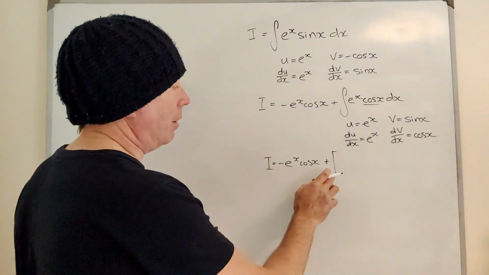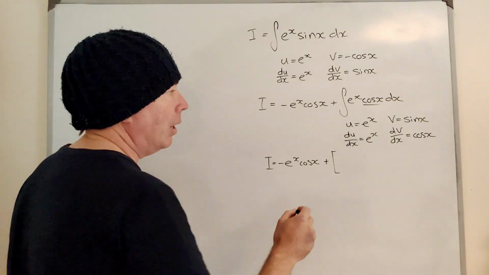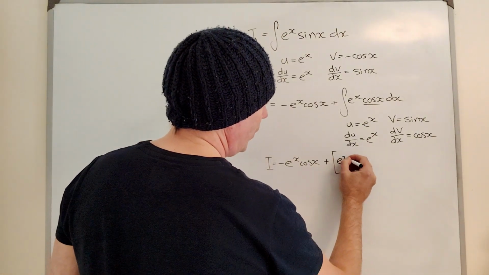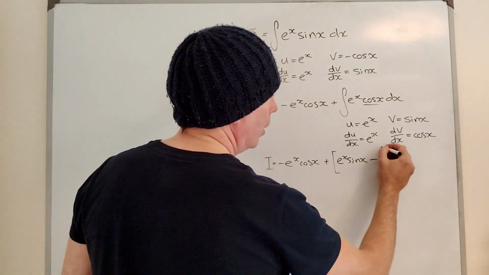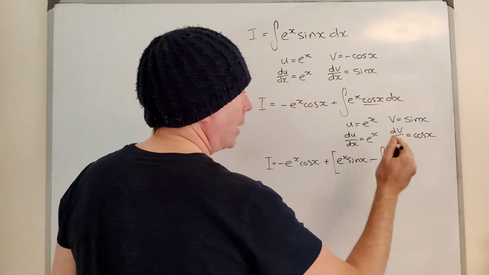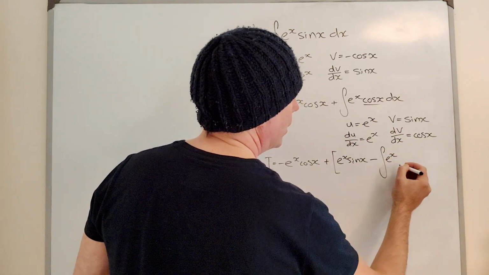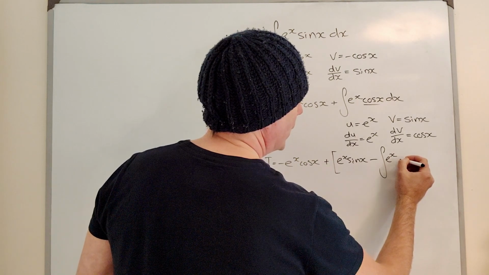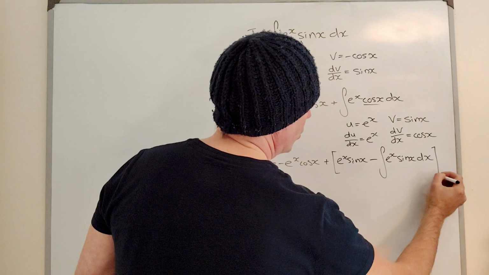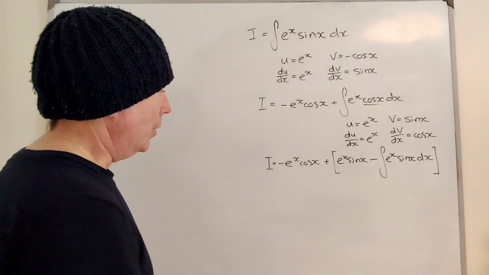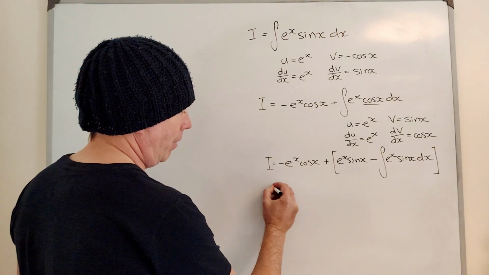It isn't, but you need to be careful by putting square brackets in place. So uv, e to the x sine x, minus the integral of v du dx. Notice we have e to the x sine x, which is what we started with, and close off our square brackets.